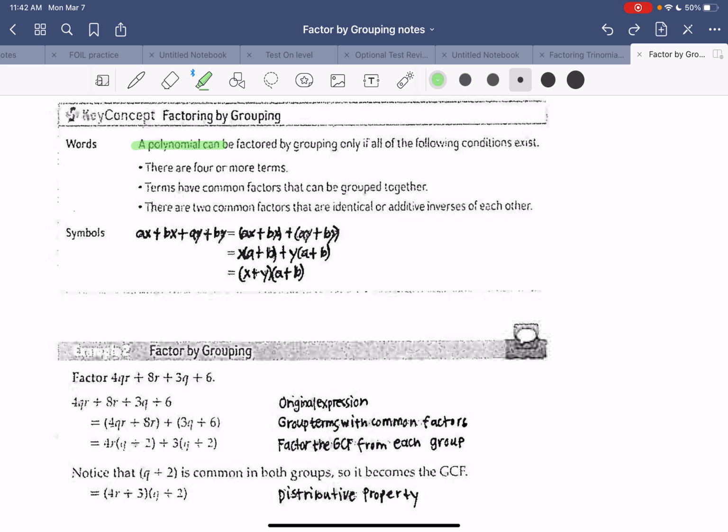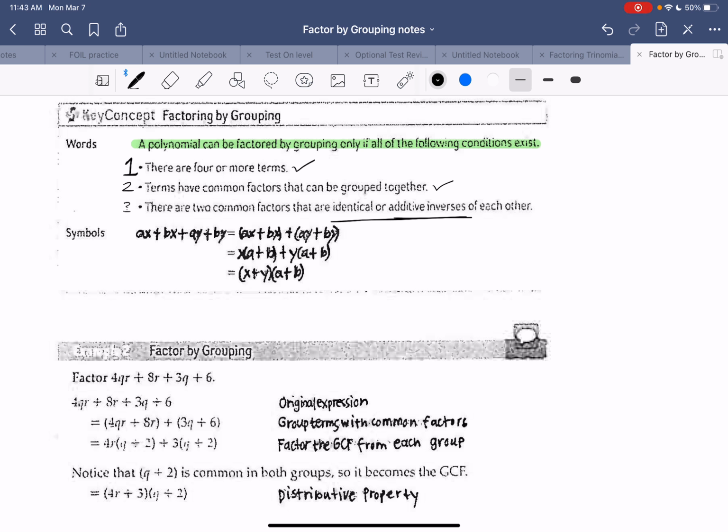A polynomial can be factored by grouping only if all of the following conditions exist. So condition 1, there are 4 or more terms, okay? The second is that the terms have common factors that can be grouped together. And the third is that there are 2 common factors that are identical or additive inverses of each other, which we'll look at a little bit later.